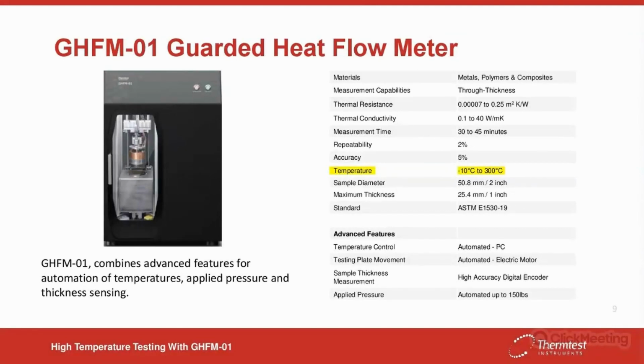Those are automation of applied pressure and thickness sensing. There's an optical encoder used to measure an accurate thickness, but the measurement and control of temperature can be fully automated through the software that's included with the GHFM. So that can be a convenient setup.